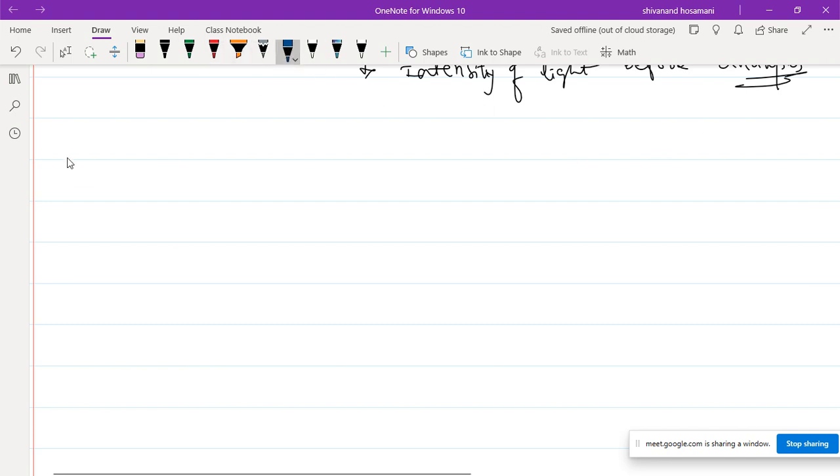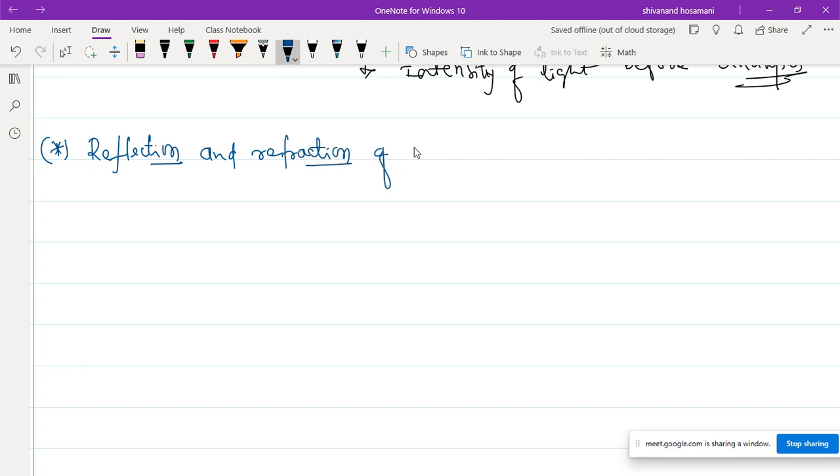That is, reflection and refraction of EM wave at normal incidence of a dielectric interface.